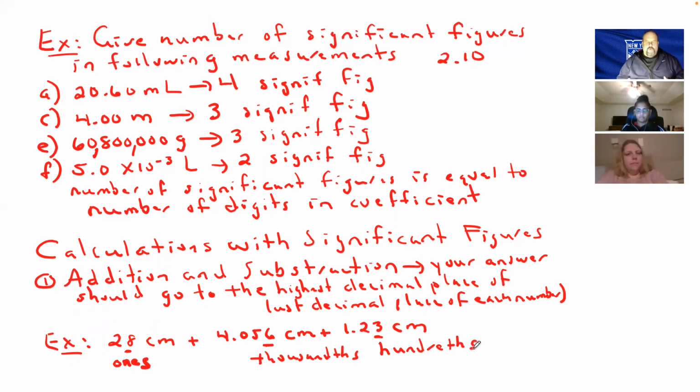So when I give my final answer here, my answer should go to the highest decimal place of the last decimal place of each number, which means out of these three, which one has the last decimal place at the highest value? In the ones place. So my answer should be to the ones place.